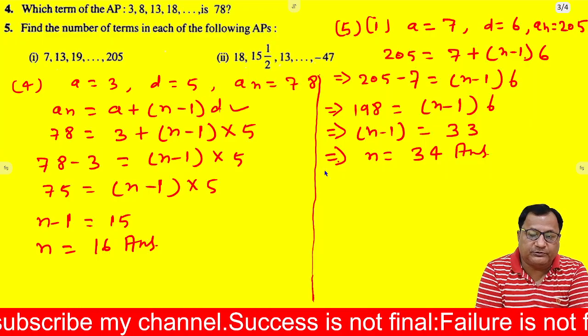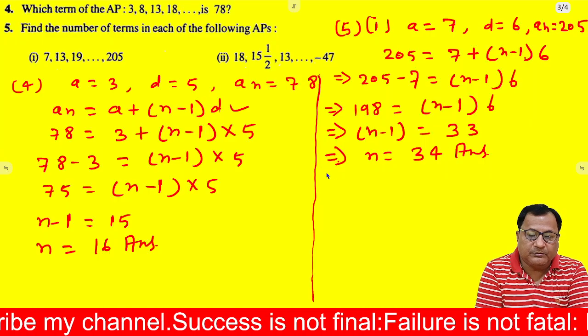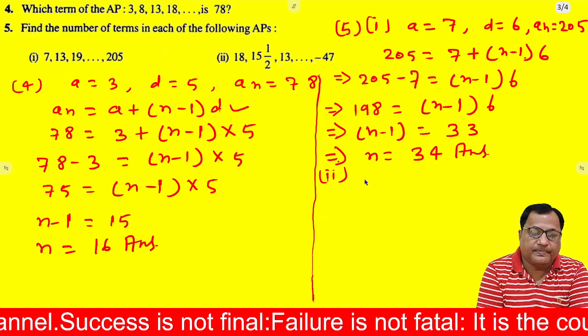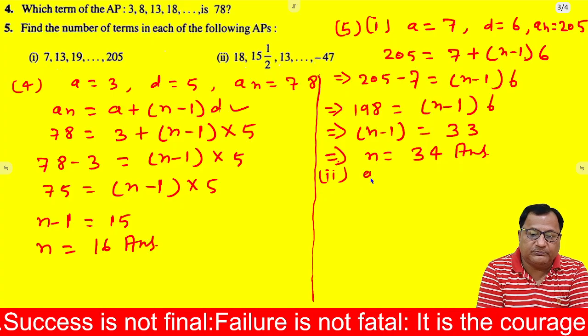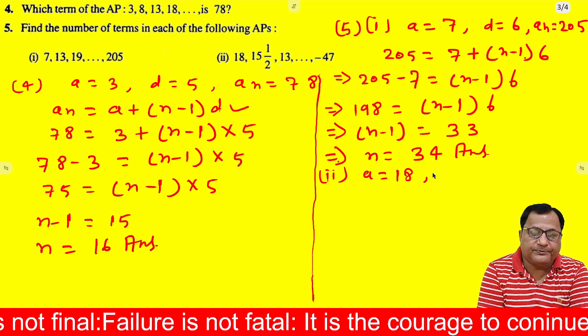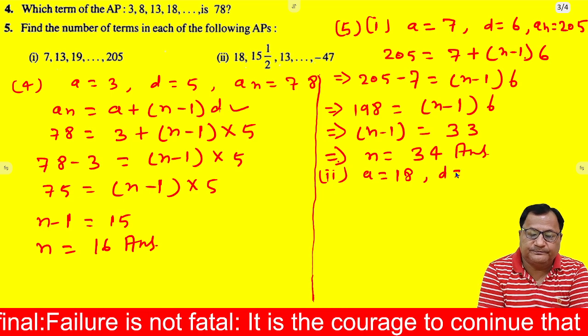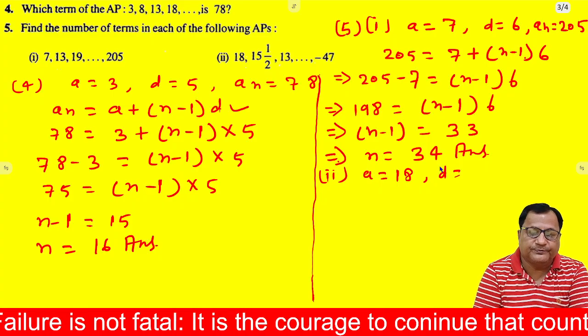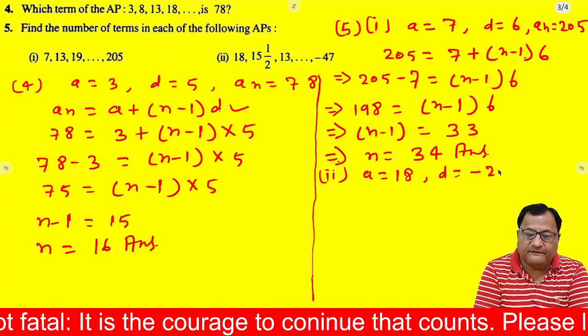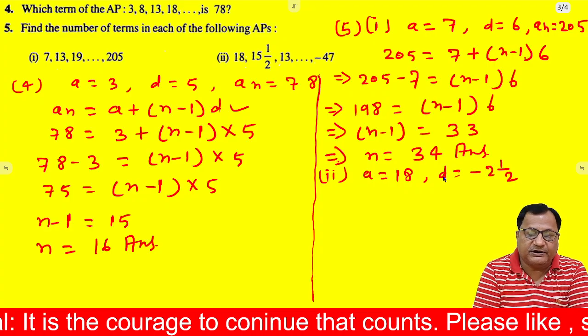Now see question number 2. Question number 2 is A is equal to 18, D is equal to minus 2.5, minus 2.5.